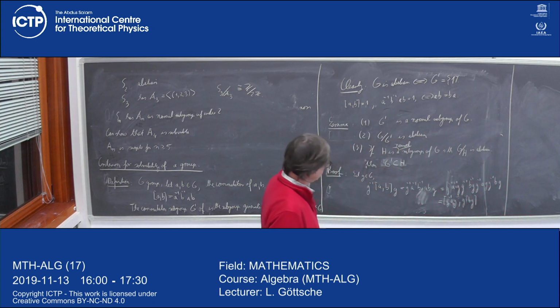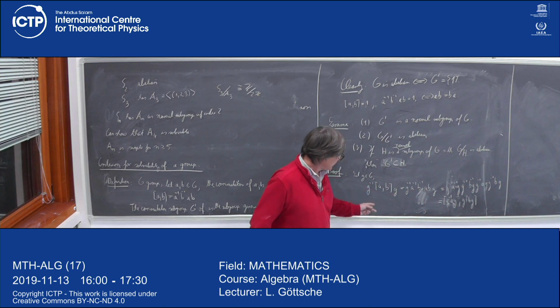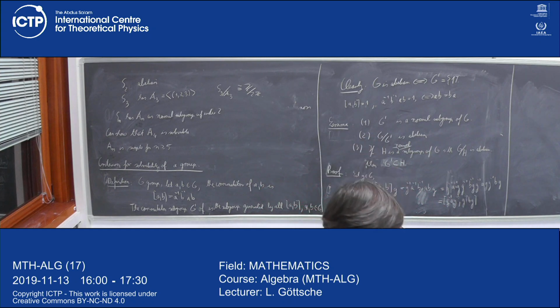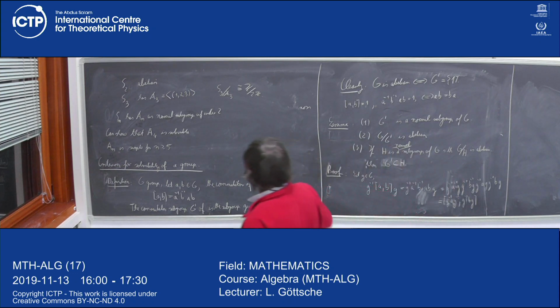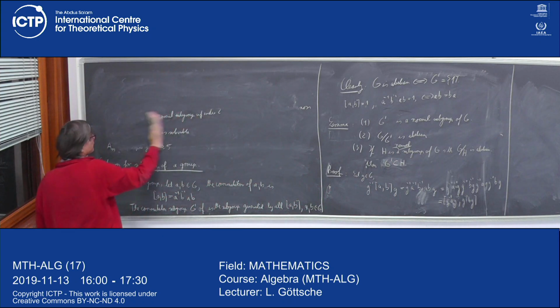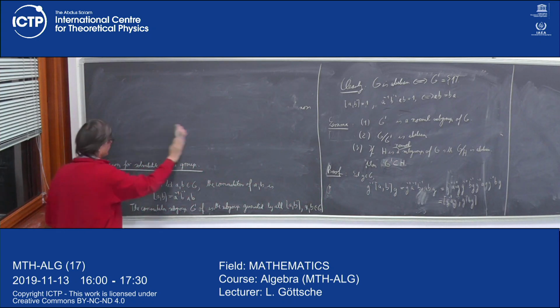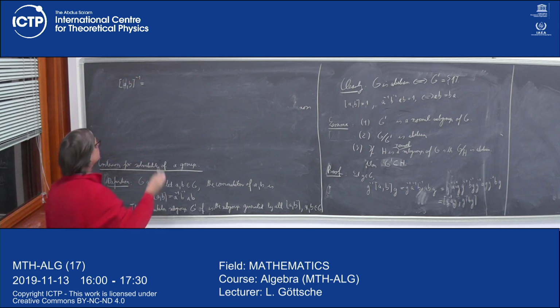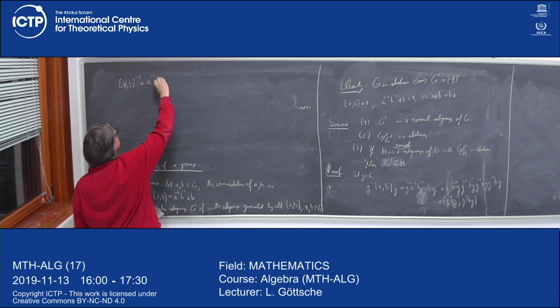So if I conjugate the commutator, it is the same as conjugating the elements. In particular, the conjugation of a commutator is a commutator. And we also see, if I take the inverse of the commutator, (ab)^-1, this is a^-1 b^-1 a b inverse.